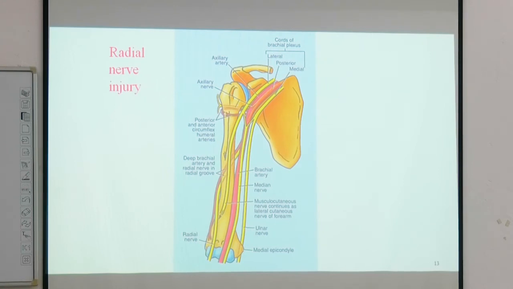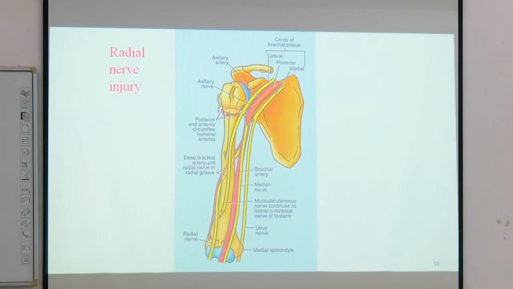So, by any chance, if the surgical neck of the humerus is broken, the ripping can lead to damage to this nerve. So axillary nerve entrapment or injury happens in case of fracture of the scapula and fracture of the surgical neck of the humerus. Surgical neck fracture is one of the commonest in elderly female subjects.